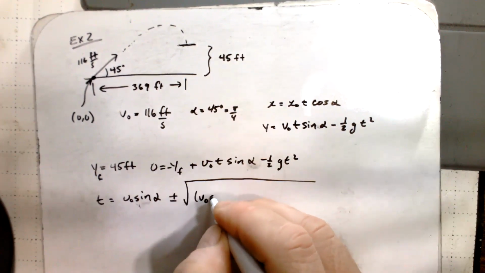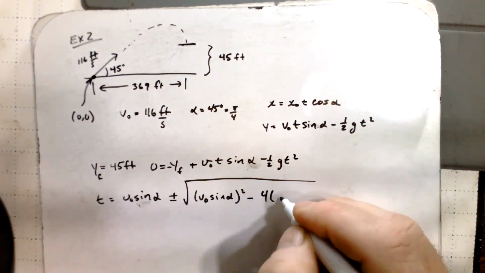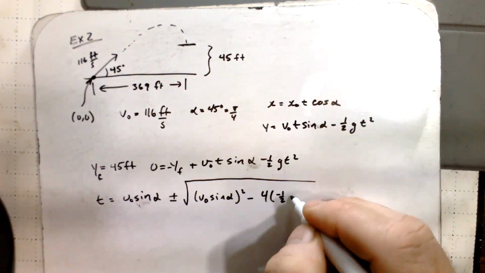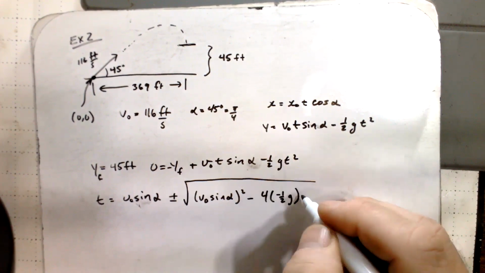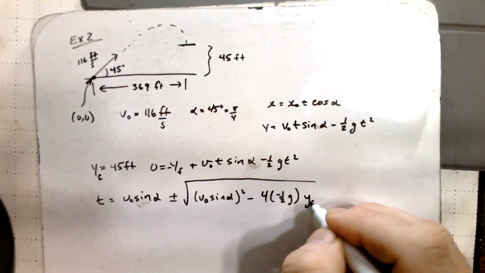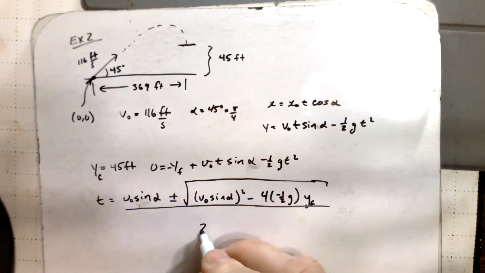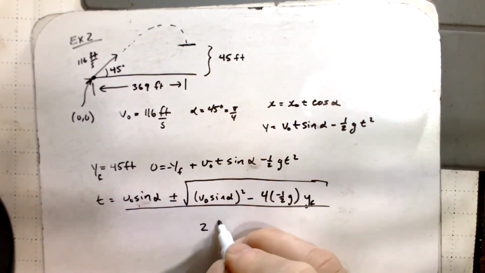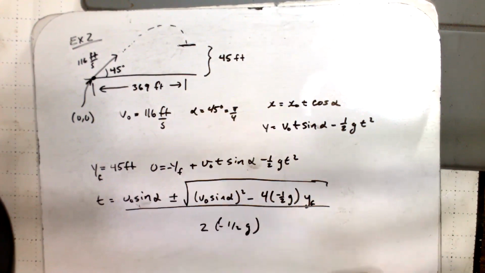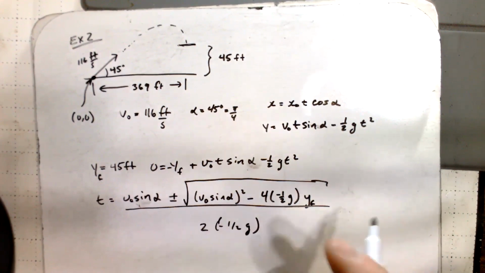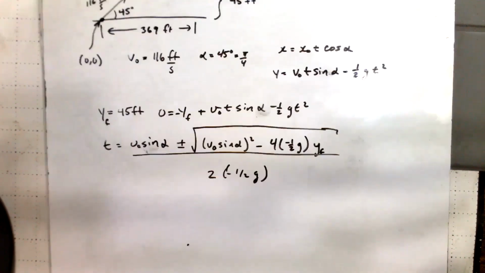V naught sine of alpha squared minus 4 times negative 1/2 g, that's a, c is y final, divided by 2a, which is negative 1/2 g.